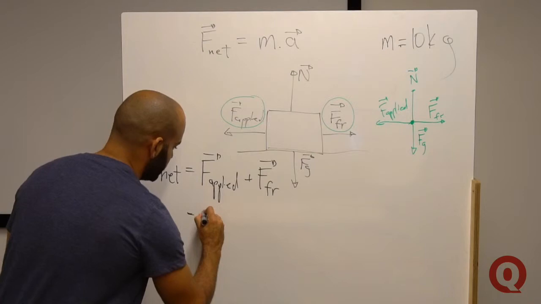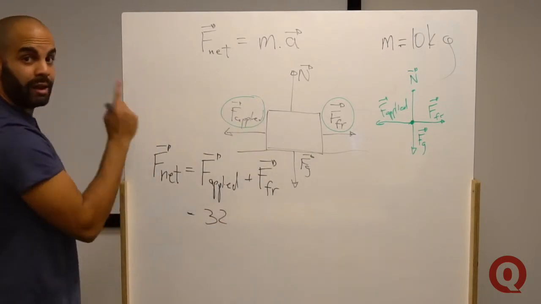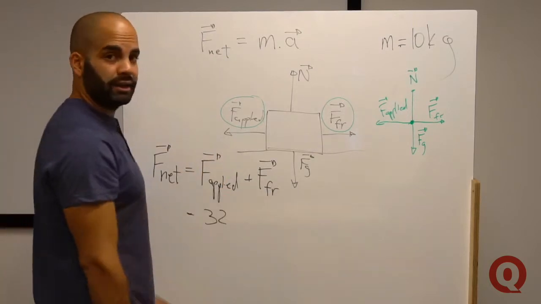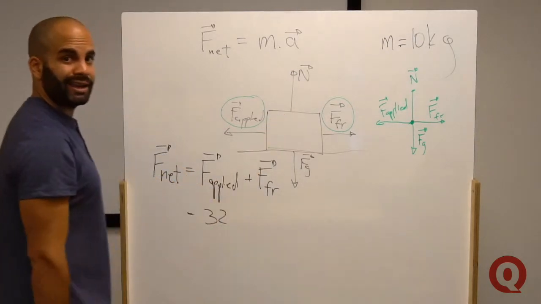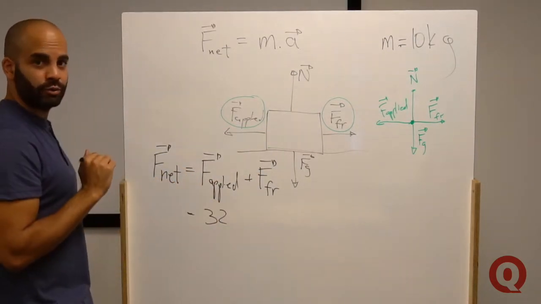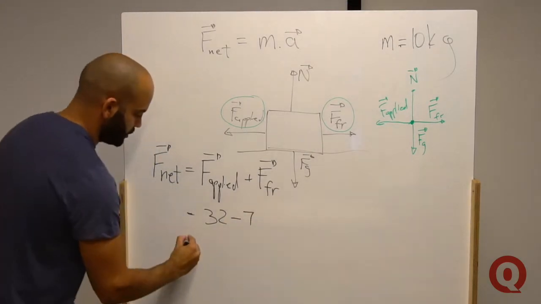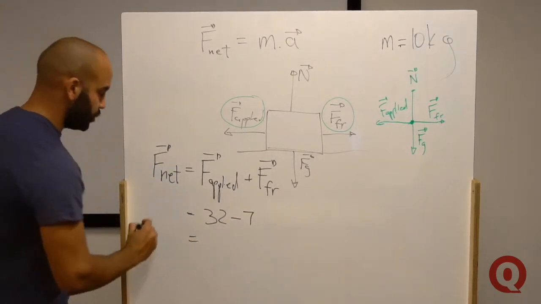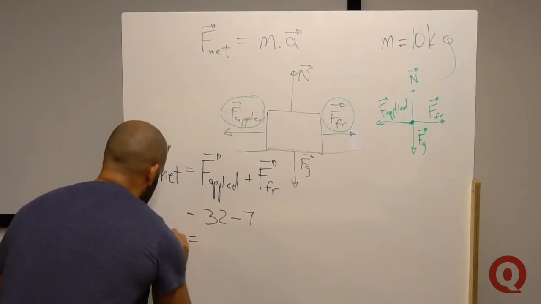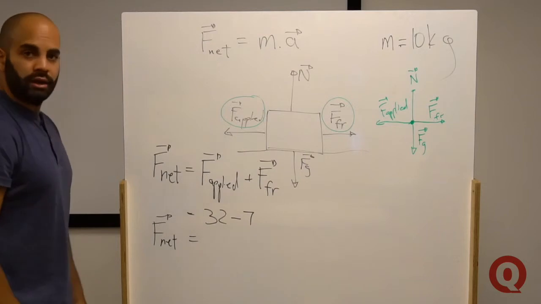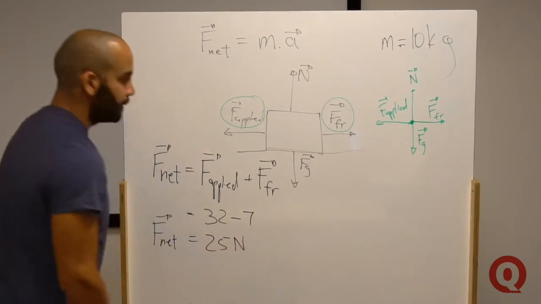F applied is 32 newtons to the left, and I'm assuming that the left-hand side is positive, and the friction force, which is to the right, is negative. That friction force is 7 newtons, so it's minus 7 newtons. So my net force, F net, would be equal to 32 minus 7, which is 25 newtons.